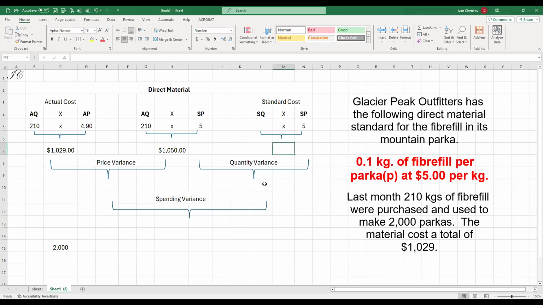Now the last piece that I'm missing is my standard quantity, correct? But I know how many units I produced, correct? I produced 2000 units. Now for 1 unit, based on my standard, how much material do I need? 0.1 kilogram, correct?